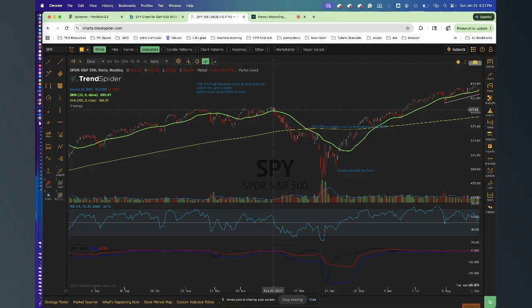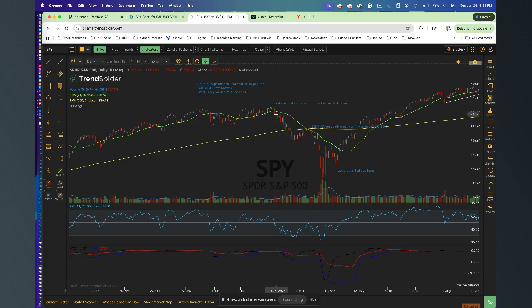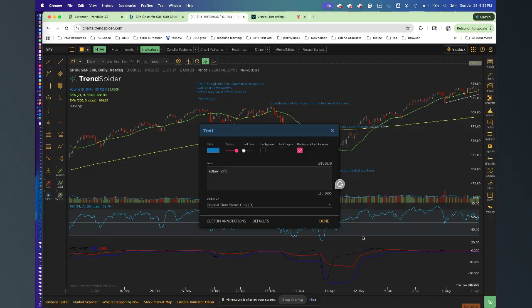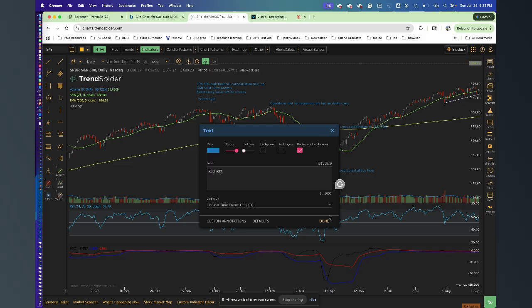But, if you're aware that you basically have all the conditions met for a recession rule, but no death cross here, but then it loses the 21-day average. That's your yellow light. This is a yellow light. And this is a further continued yellow light while this becomes a red light.